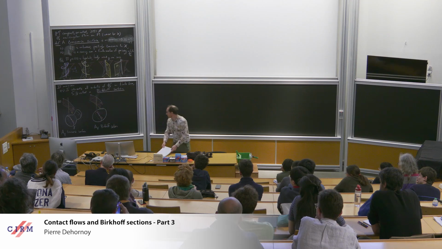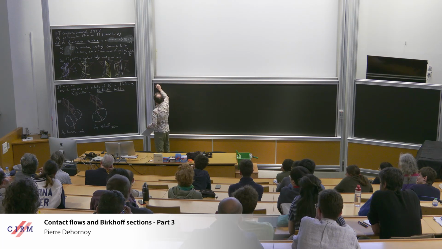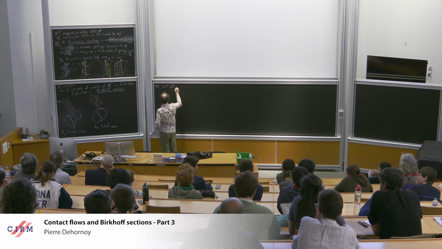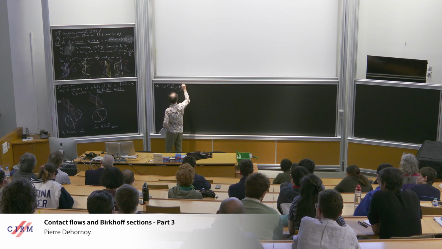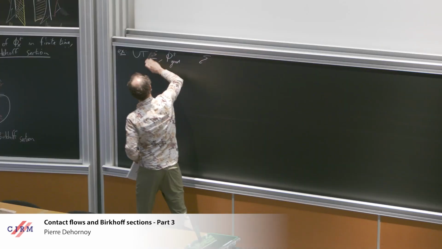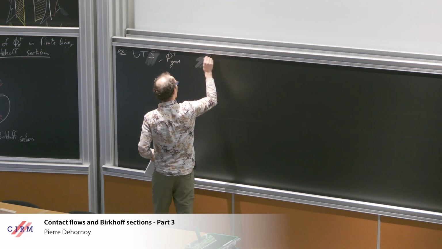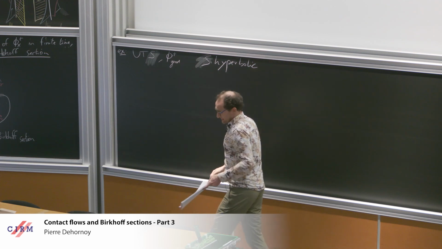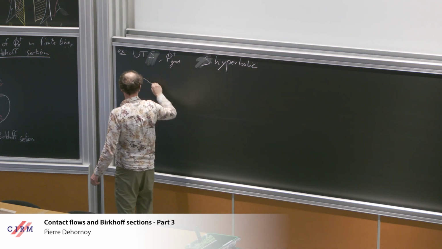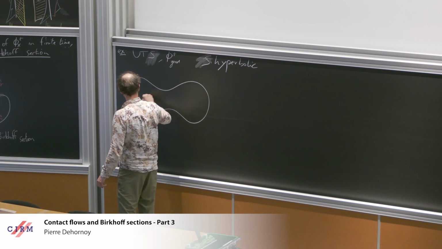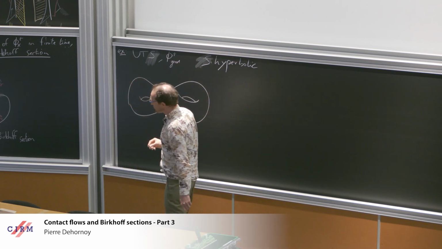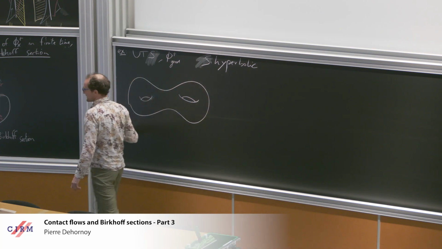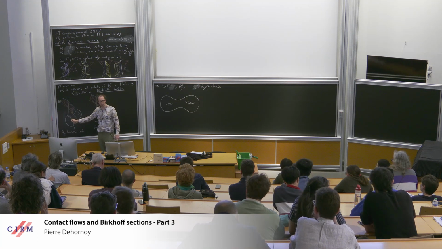So let me now just complete a bit this example by considering the geodesic flow on a hyperbolic surface S. If you take a nice hyperbolic surface, you may want to construct a Birkhoff section in this case, and maybe the most natural idea so far is to export what we know how to do here.